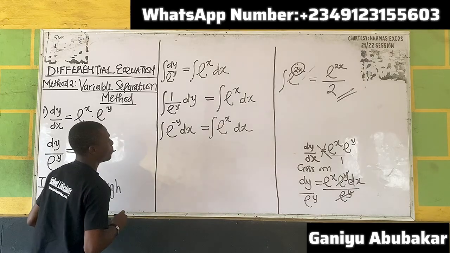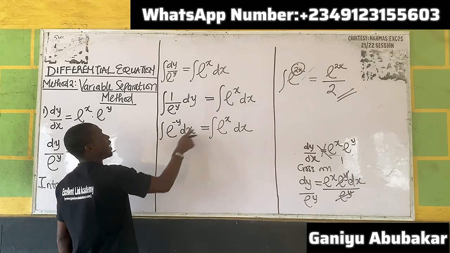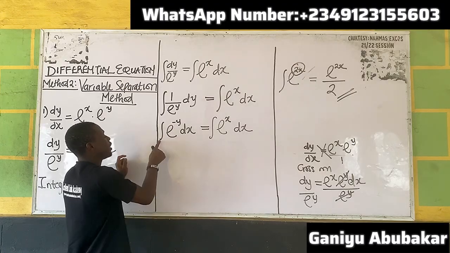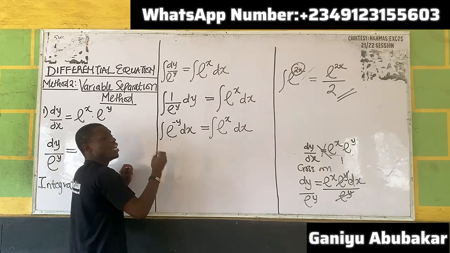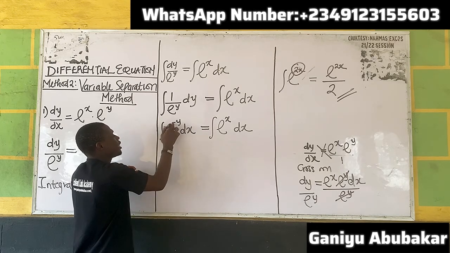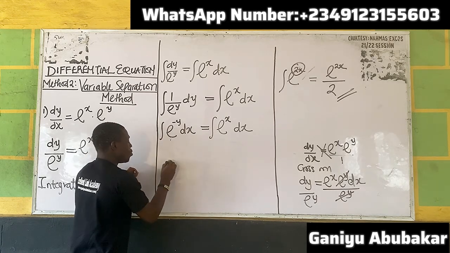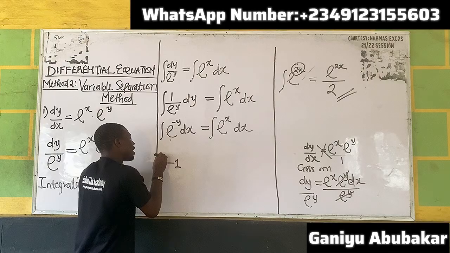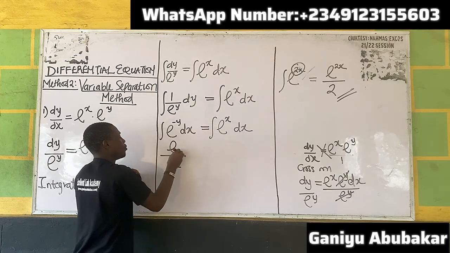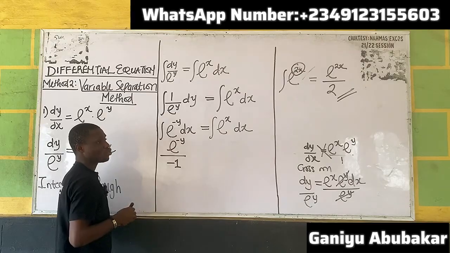From here, I will apply the idea I used here. Your first task to integrate an exponential function is to differentiate the power. If I differentiate minus y, that gives you minus 1 as denominator. Then repeat the question, exponential minus y as numerator.